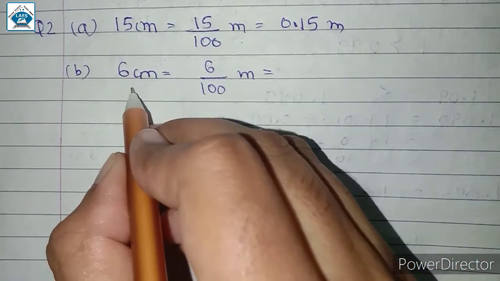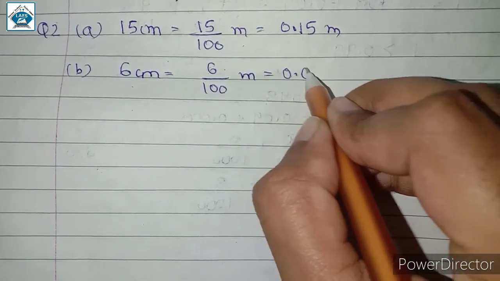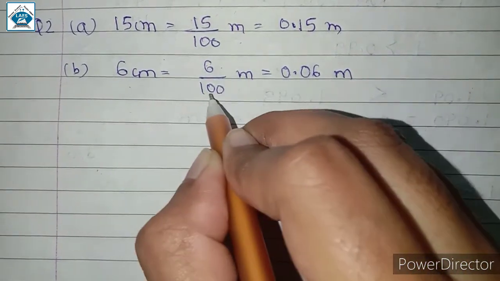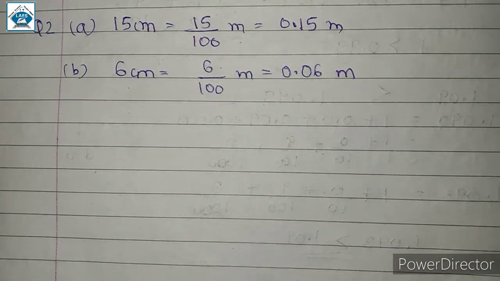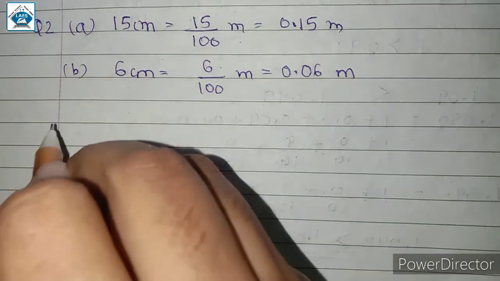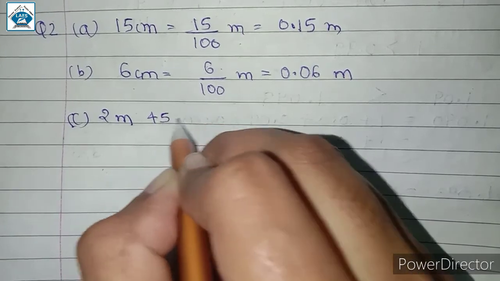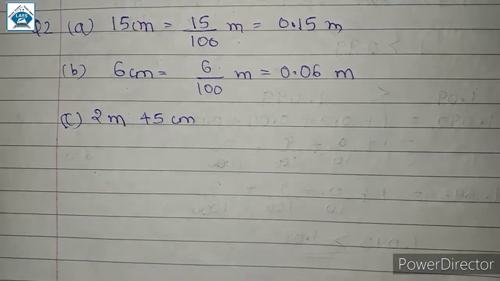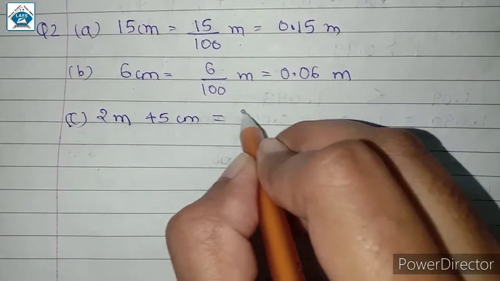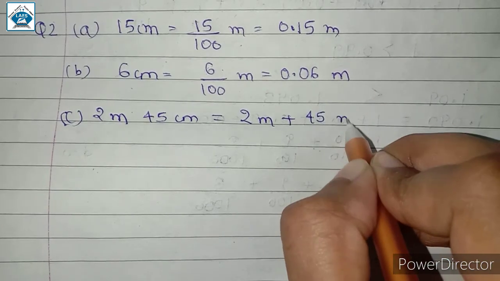Similarly for 6 centimeter, we will divide it by 100. So this is 0.06 meters. ठीक है, यहाँ पर we know how to convert this in the form of decimals. ऐसे fraction को decimal में कैसे convert करते हैं, we already know that. Next in sub question C we have 2 meter and 45 centimeter. So in this question also 2 meter को हम लोग as it is रखेंगे because it is already in the form of meters, and we will be converting 45 centimeter into meters.